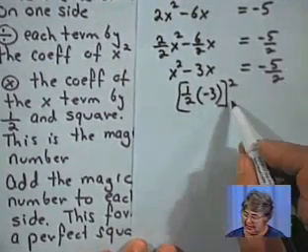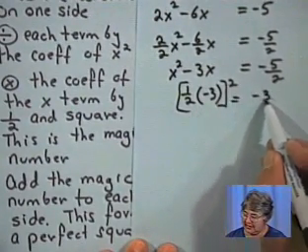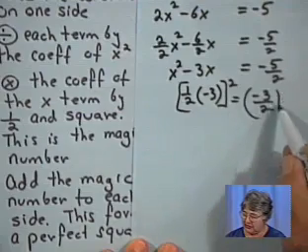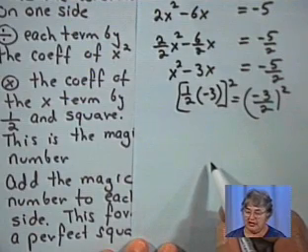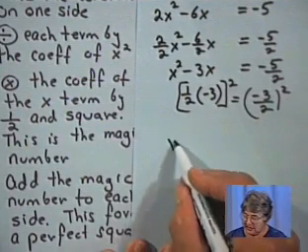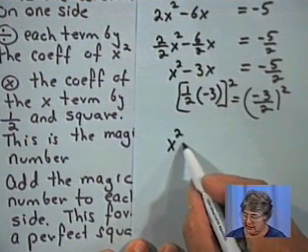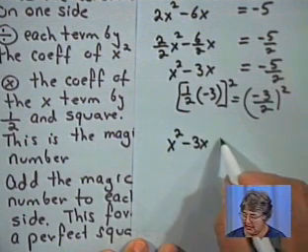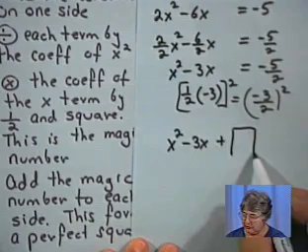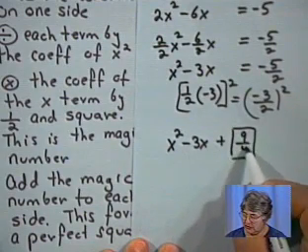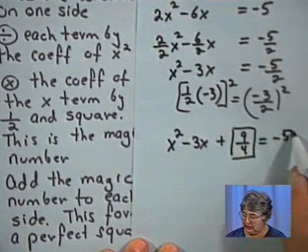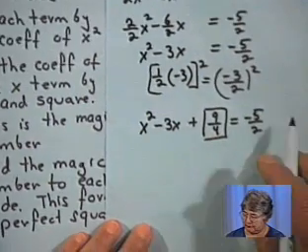Well, if you notice inside here, what we're going to have is a negative 3/2. If I square that, I'm going to end up with 9/4. That's the magic number. So in this case, we'll have x squared minus 3x plus this magic number, which is the 9/4, which we're going to add to each side of the equation.